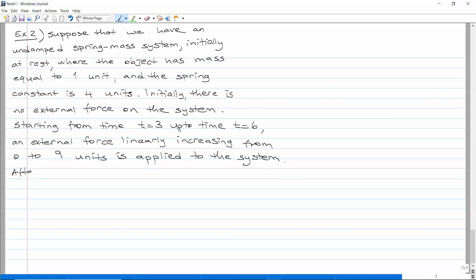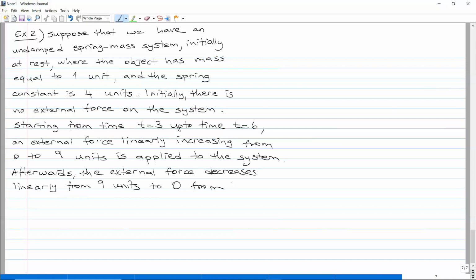Afterwards, the external force decreases linearly from 9 units to 0 units, from time t equals 6 up to t equals 15.